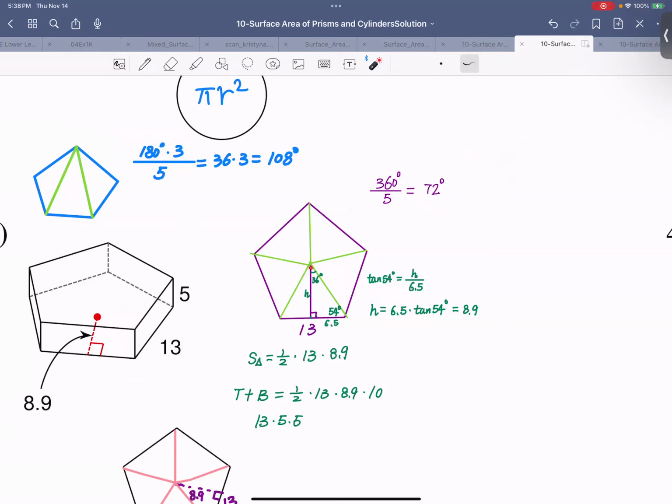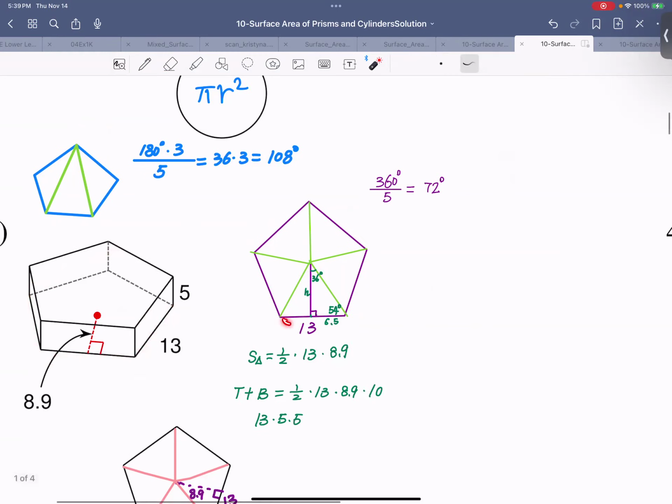If you draw this thing as an altitude, and that splits this into 2 equal pieces, 72 divided by 2 becomes 36. Now go use the trigonometry we learned. Each pentagon side is 13.